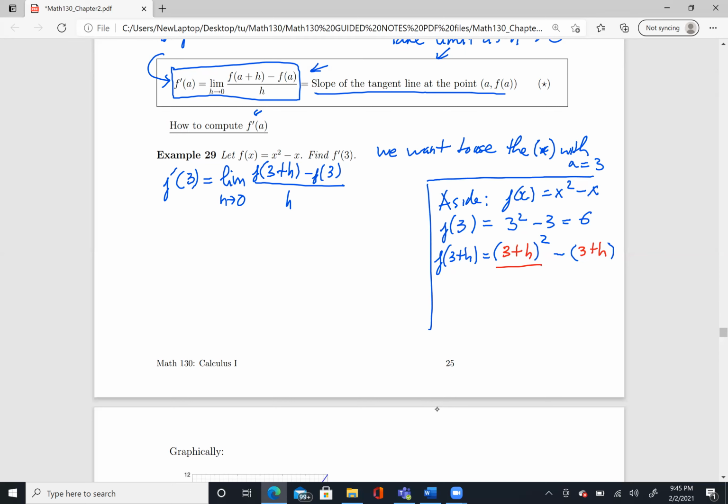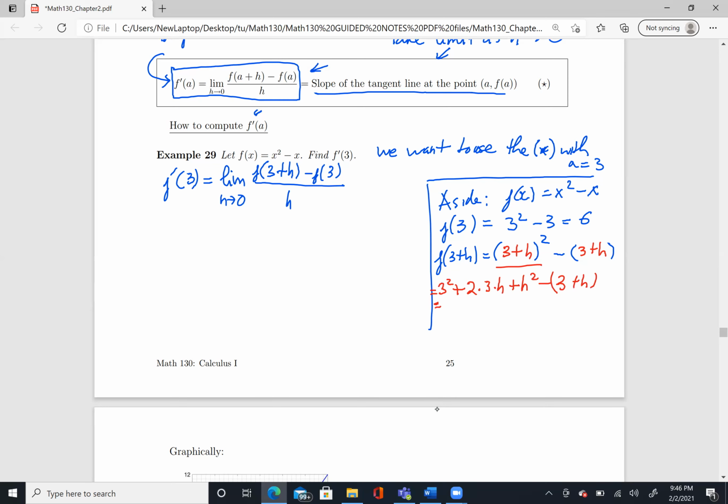You also can use the special formula for a square binomial, which is 3 squared plus 2 times 3 times h plus h squared, and then minus 3 plus h plus 0 here.